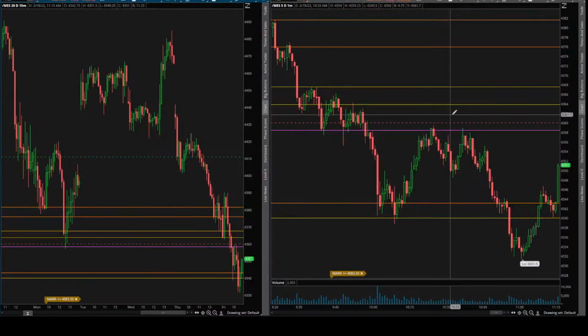Pretty big move here. A little, I don't want to say it's atypical, but just wondering if there's any news, anything like that.